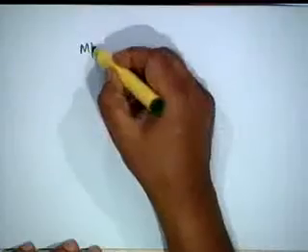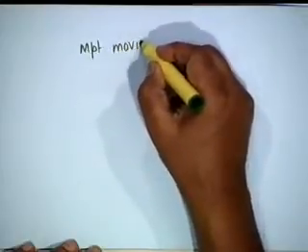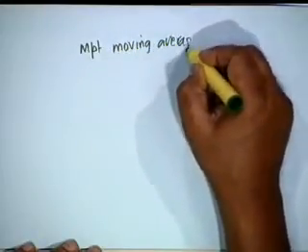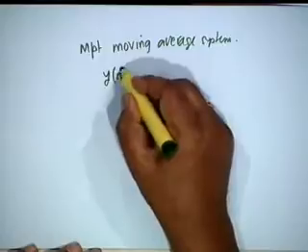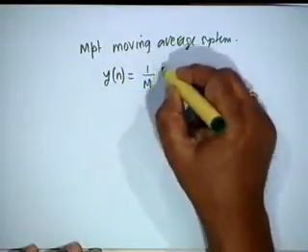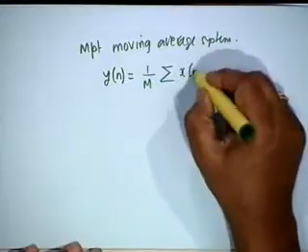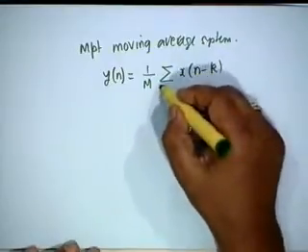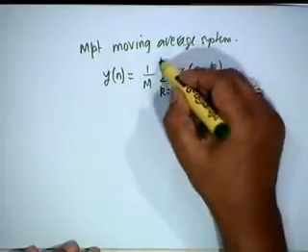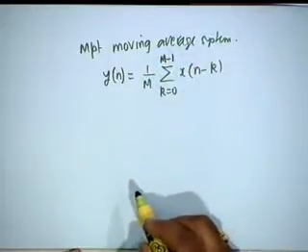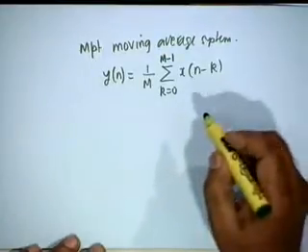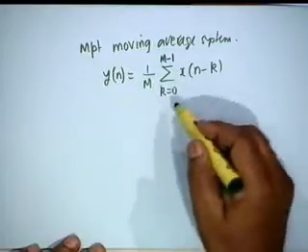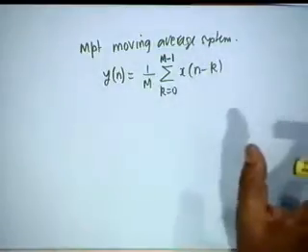As an example, if we take the M point moving average system, that is y of n is equal to 1 over M summation x of n minus k, where k goes from 0 to capital M minus 1. Agreed? What is the impulse response of the system? It is 1 by M for n going from 0 to M minus 1, otherwise it is 0.